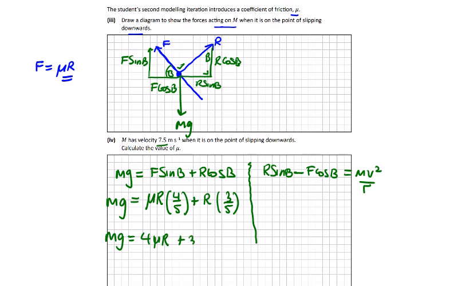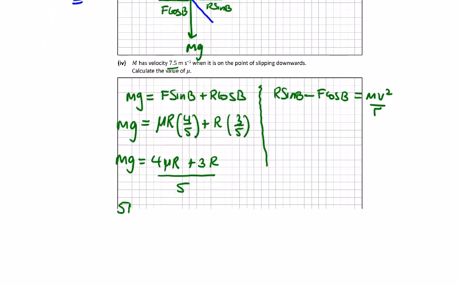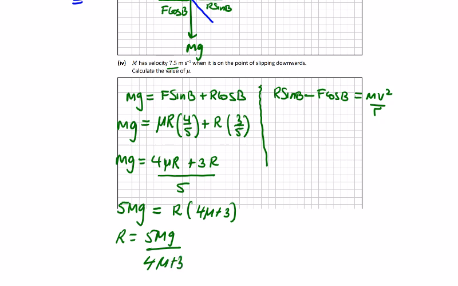So it's 4 mu R plus 3R over 5. So 5mg is equal to, R factored out would leave 4 mu plus 3. So R is equal to 5mg over 4 mu plus 3. We should be able to simplify R in the other equation too.